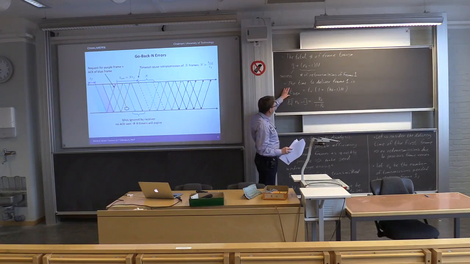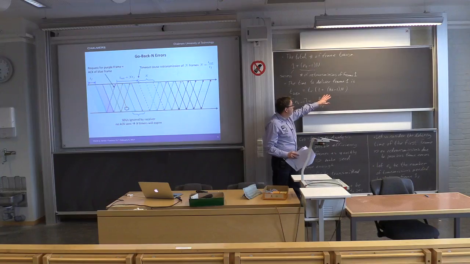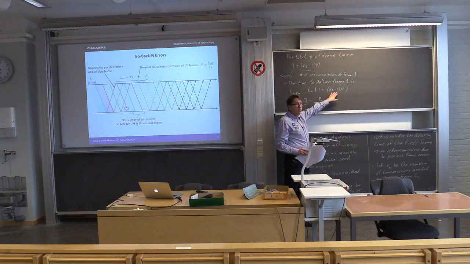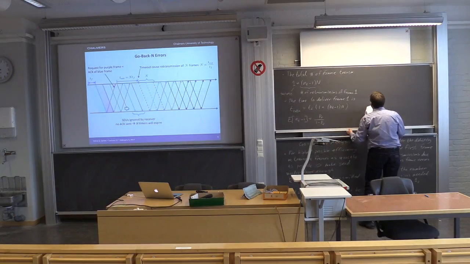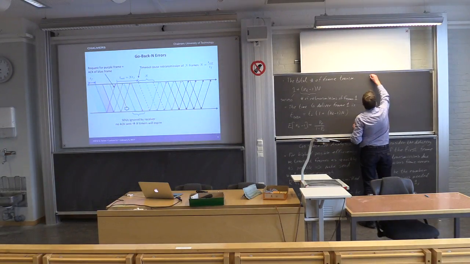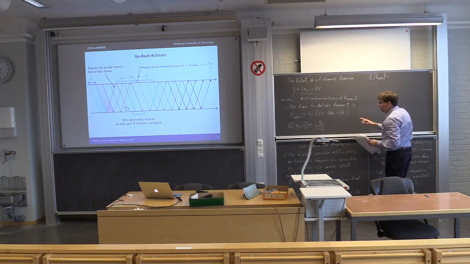So if we're interested in the expected value of the go back N delivery time, we just take the expected value of this. The only thing which is random is the number of transmissions. So the expected value of T GBN is simply by taking the expected value.